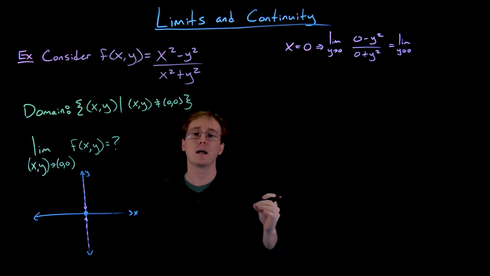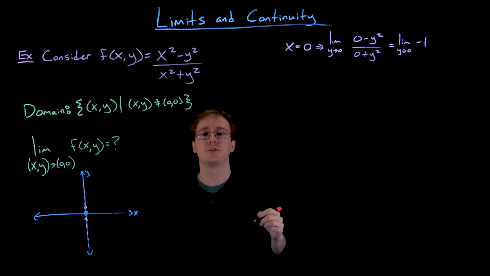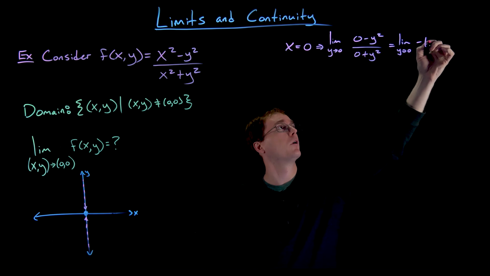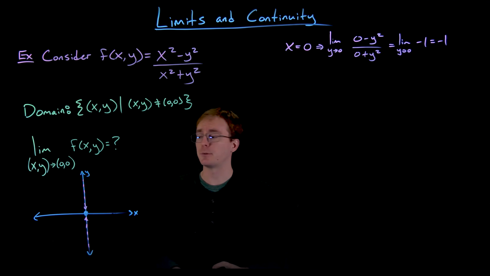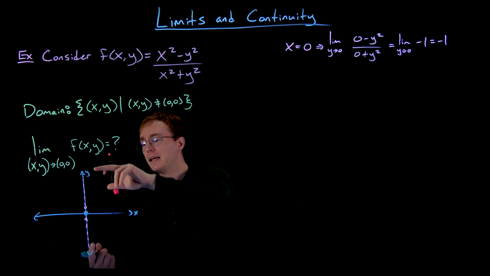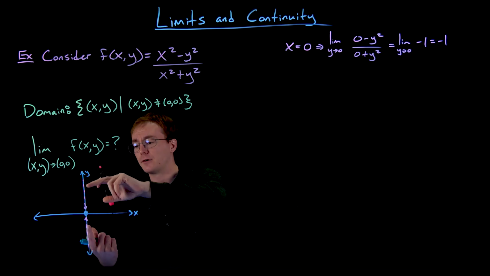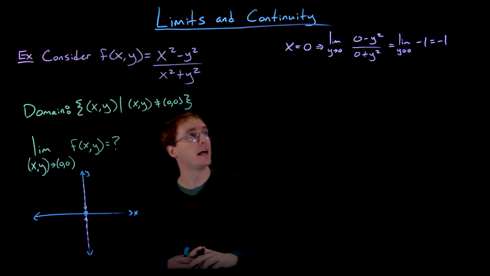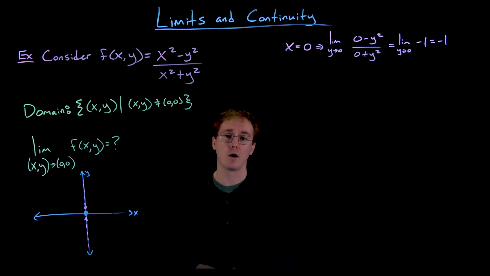But those factors of y squared will cancel each other out, and we'll get the limit as y approaches 0 of negative 1. And the limit of a constant is the constant. So what we see here through this algebra is that if we are approaching our point 0, 0 on the surface of this function, and we are getting closer to that point by traveling along the y-axis, either from above or from below, then our function is going to be getting closer and closer to the value of negative 1.